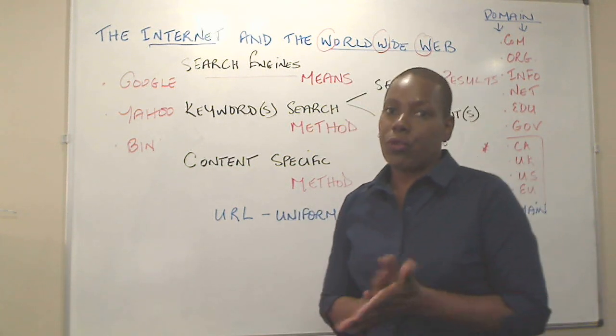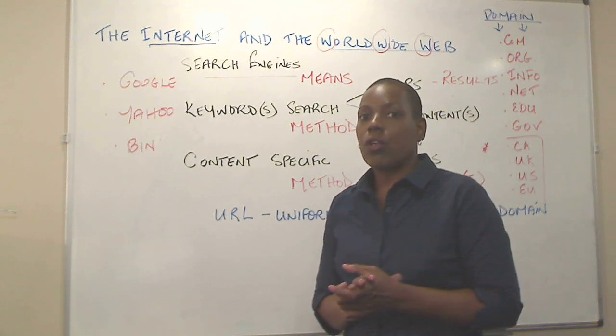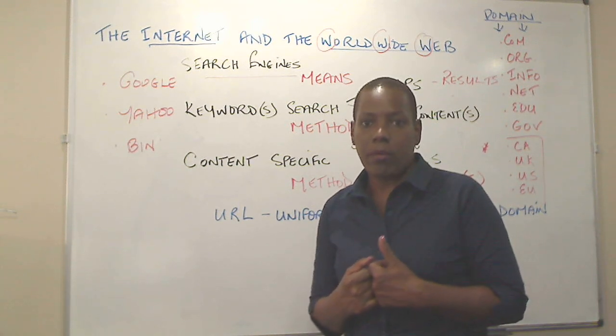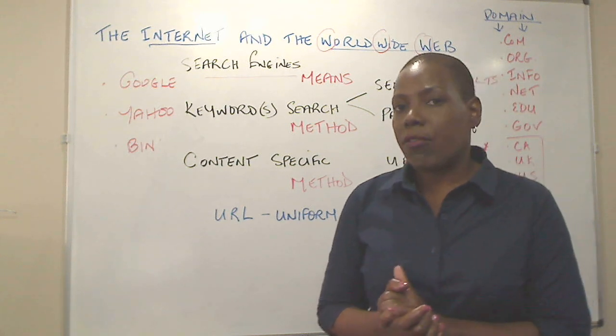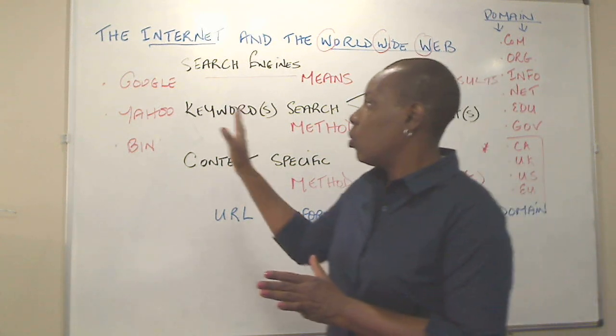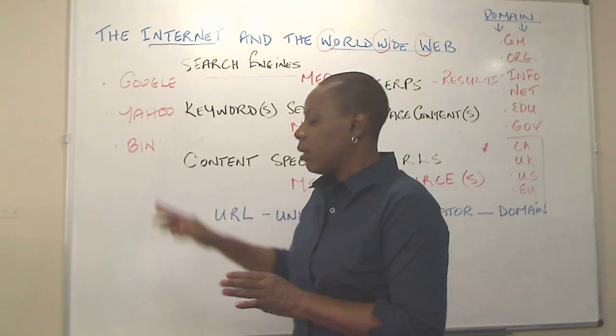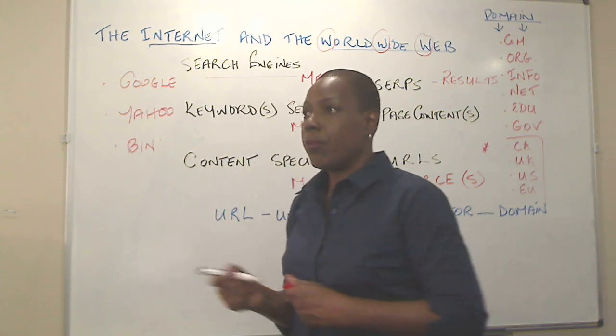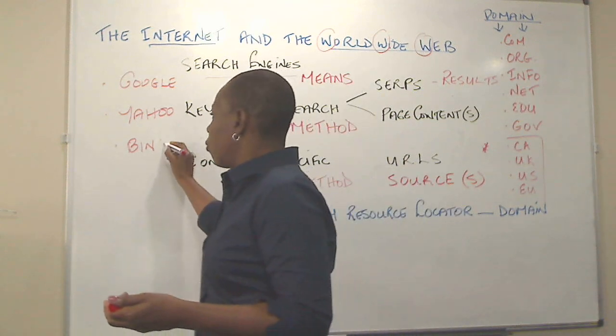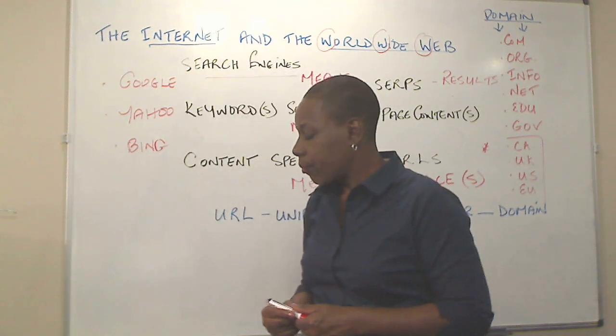They will use those two mechanisms to draw the information from the internet. So think of search engines, Google, Yahoo, and Bing. They are different in the way they go about searching for that information.